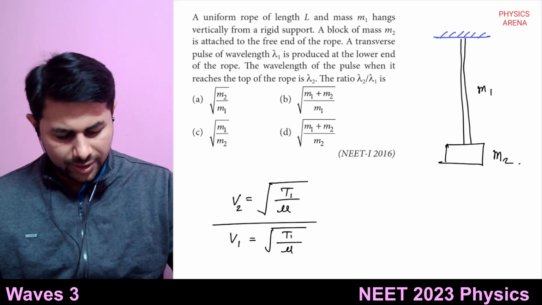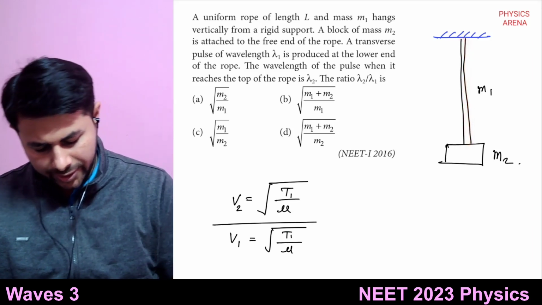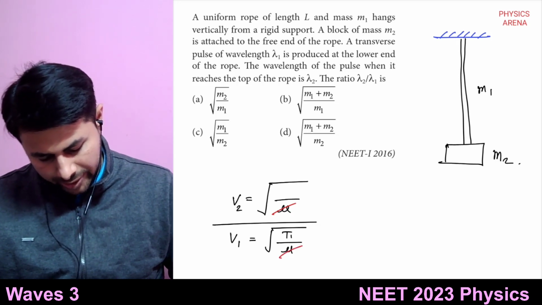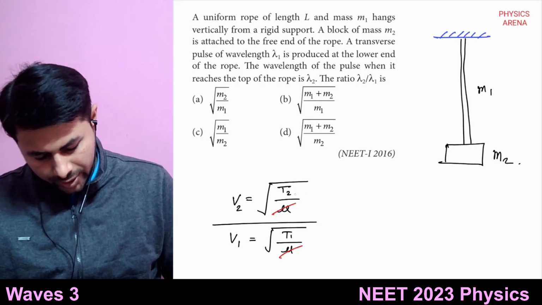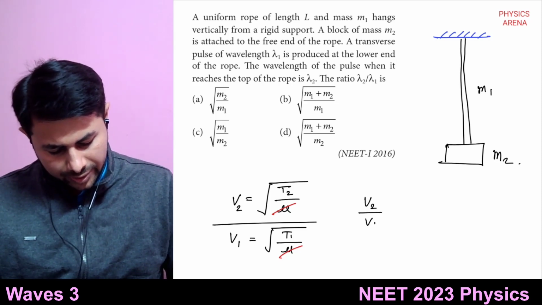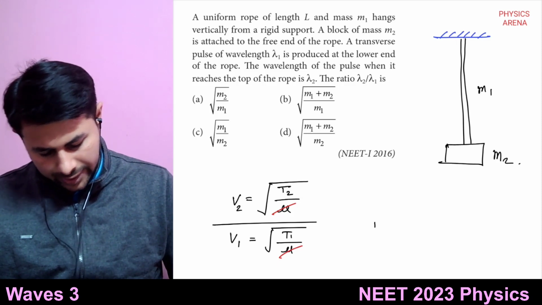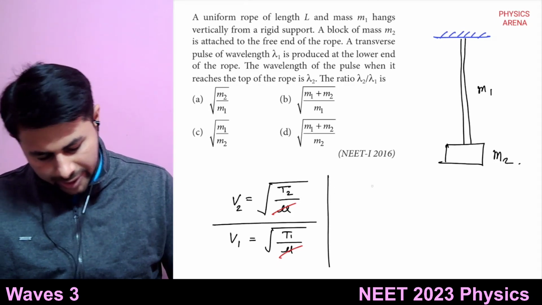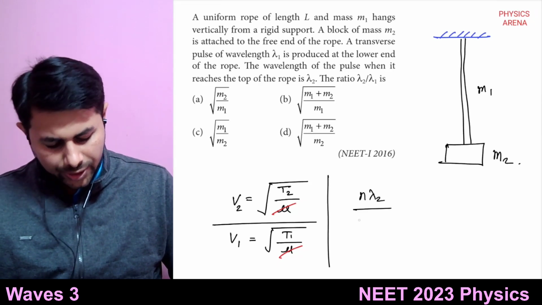The mass per unit length of the string will not change, so we can cancel it out. Then V2 by V1, I can say this as n lambda2 upon n lambda1.